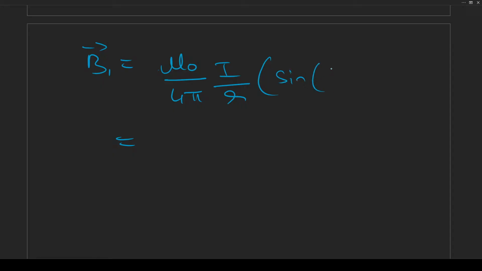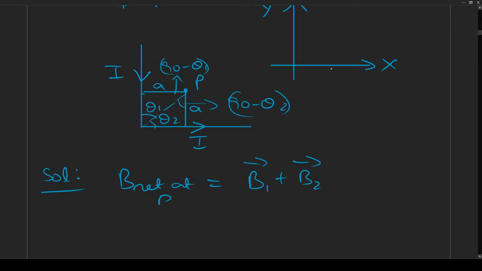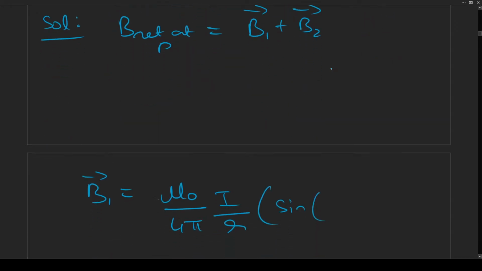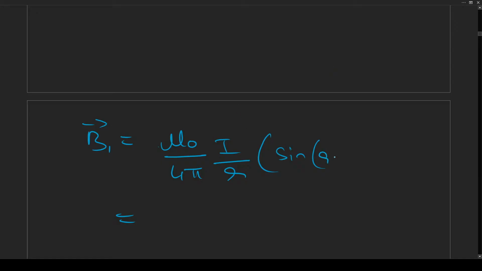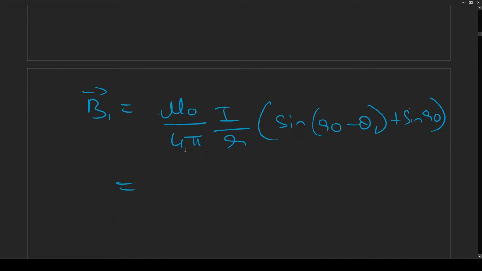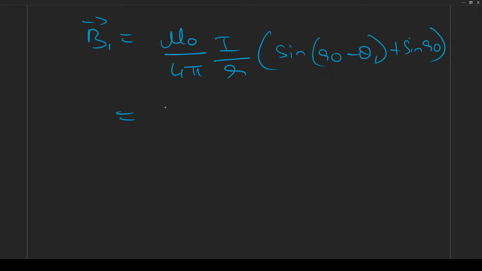So let's find B1, which is equals to mu naught by 4 pi I by R, and here sine 90 minus theta 1 plus sine 90 degree.